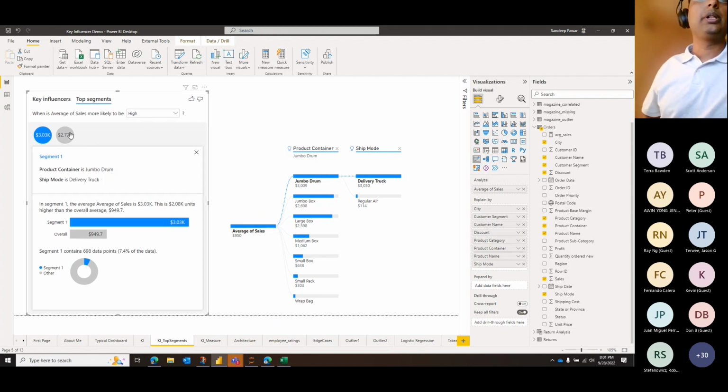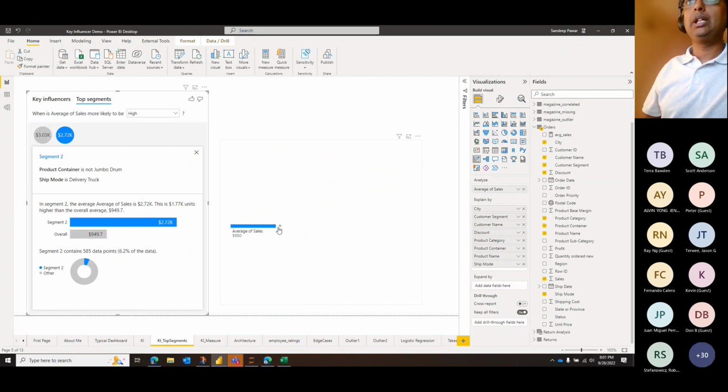It works the other way as well. If we take the other one, where it's not a jumbo drum but it is a delivery truck, and I show that, the value is 2,700, and the other one is 2,700 too.